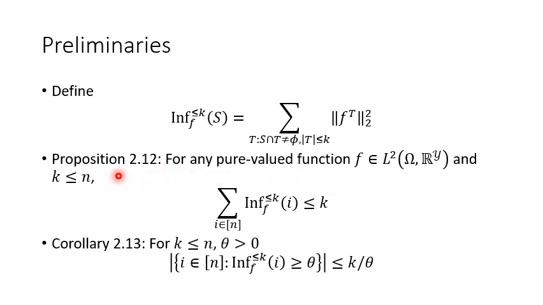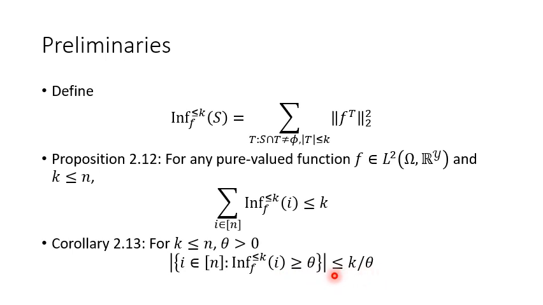Then, from this proposition, we'll gain another corollary that says that for k smaller or equal to n and theta bigger than 0, the number of coordinates that have low-order influence bigger than theta must be smaller than k over theta.